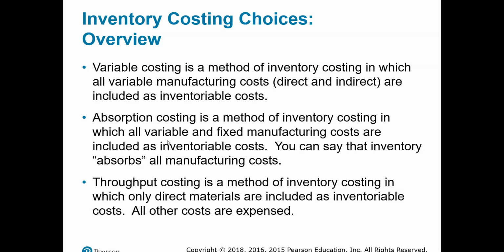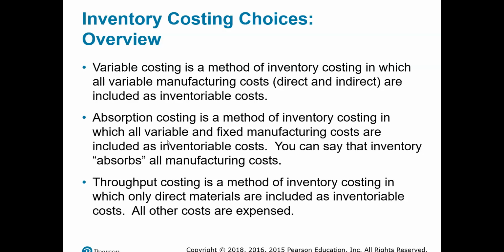In other words, we're absorbing all manufacturing costs. Absorption costing is really just what we've done up to this point. Our product costs have been direct materials, direct labor, variable manufacturing overhead, and fixed manufacturing overhead. When we compute cost of goods sold, we take the full product cost, direct materials, direct labor, variable and fixed manufacturing costs per unit, times the number of units sold.